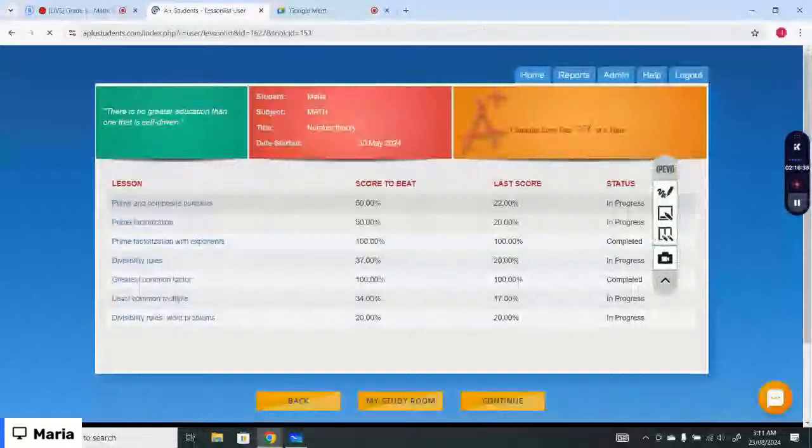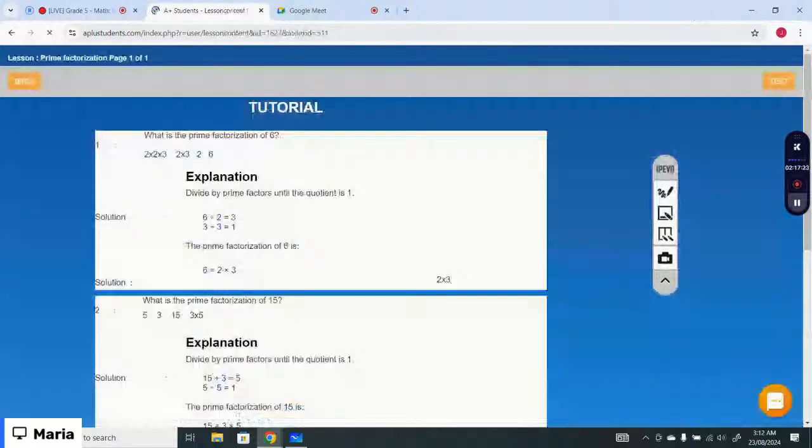The next lesson is prime factorization. So the first one is, what is the prime factorization of 6?